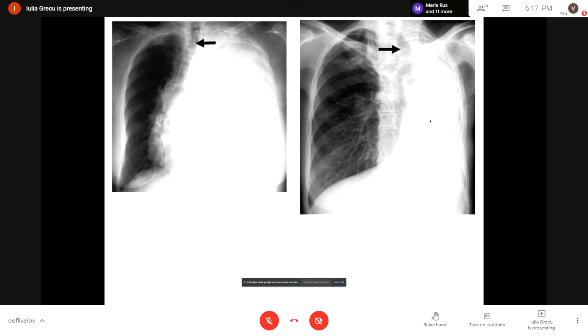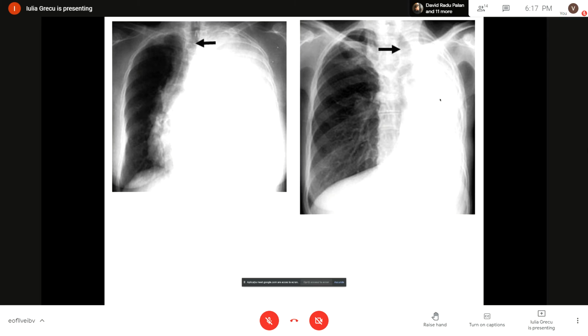If the mediastinum is moved away from the opacity, most probably the opacity is given by a pleural effusion. On the other hand, if we have a massive opacity and the mediastinum is shifted towards the opacity, it is most probably due to massive atelectasis.